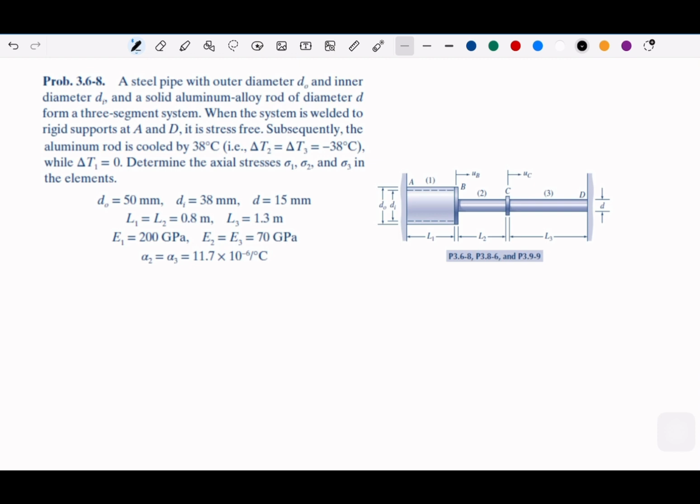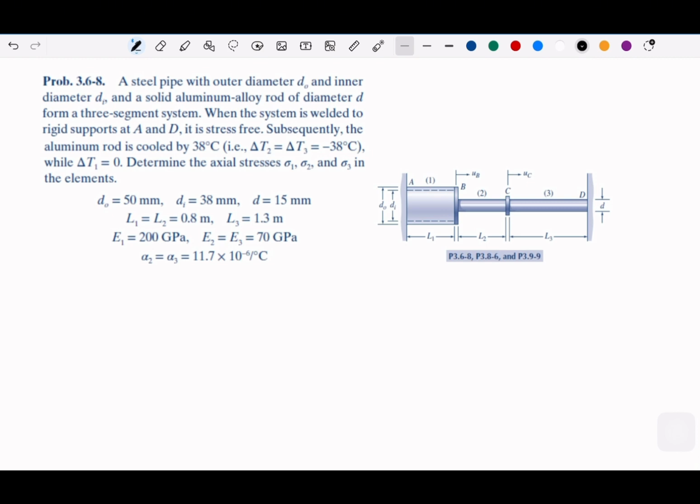That is the steel pipe with outer diameter and inner diameter. So we have two diameters, and then we have the aluminum alloy for a three-segment system, and it is welded at sections A and D, which are attached to the wall.